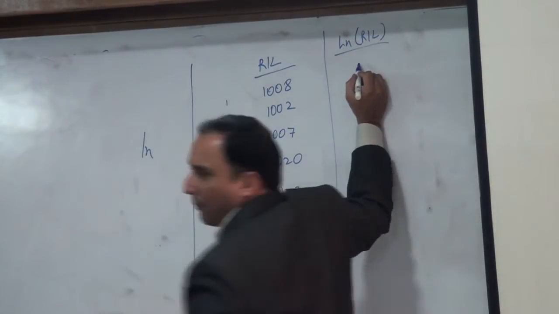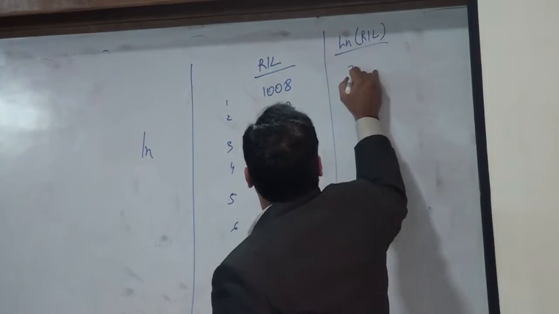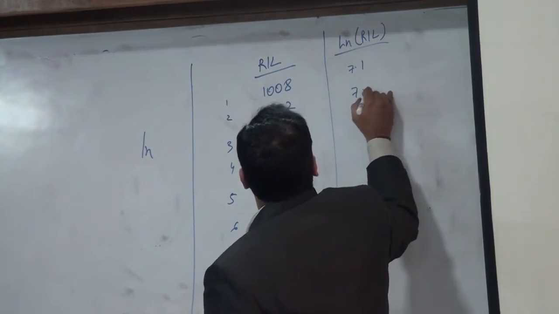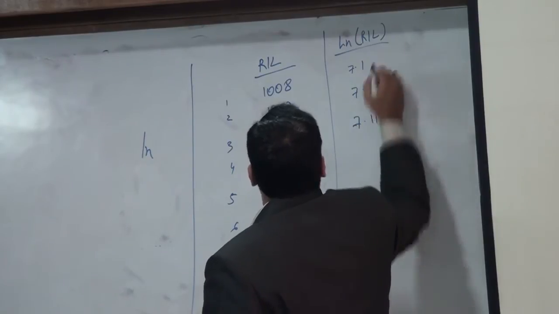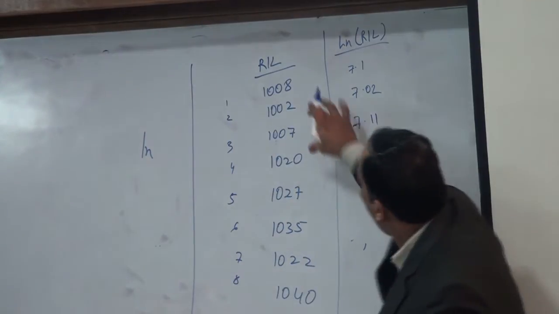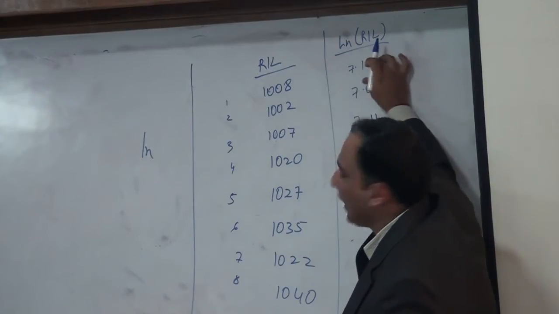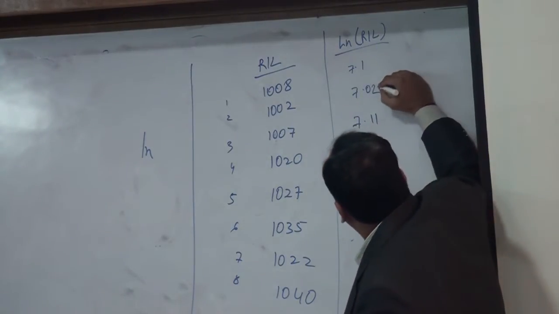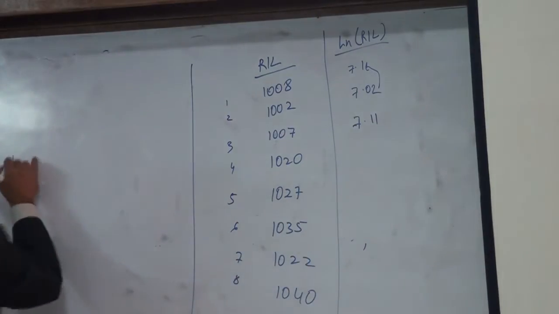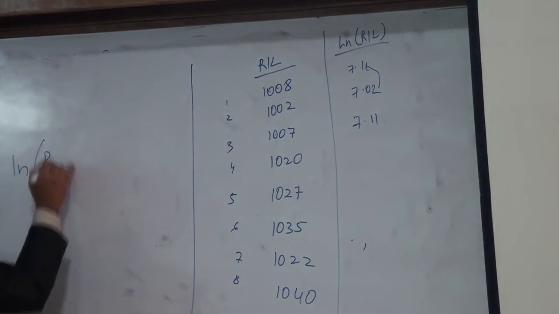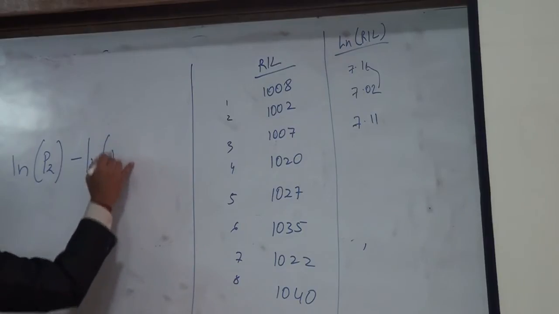So I will get some number. Let us say the number is 7.1. Here it will be 7.02. Here it will be 7.11. Something like this. So what have I done? I have taken the raw number and taken its log. Now if I do this minus this, it means ln of P2 minus ln of P1.